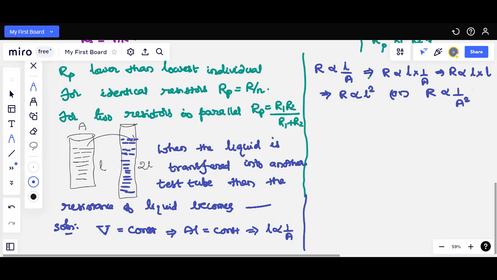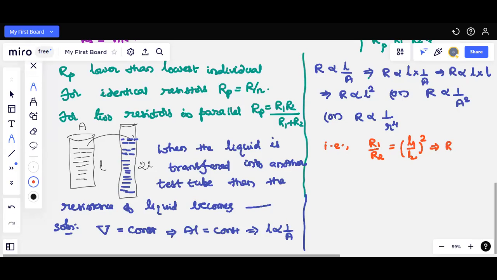For circular cross section, A equals pi r square. So R is inversely proportional to, substituting pi r square there, r power 4. Here my length is doubled, so I write R1 by R2 is L1 by L2 whole square.